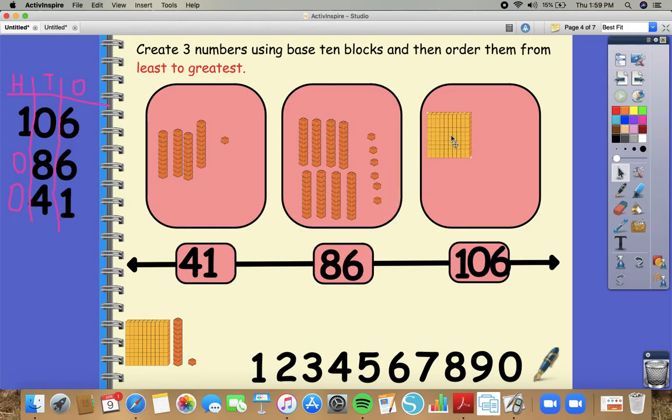We have 100. Do we have any tens? Nope, there's a 0. There's no tens. But how many ones do we have? We have 6 ones. 1, 2, 3, 4, 5, 6. And there we go.